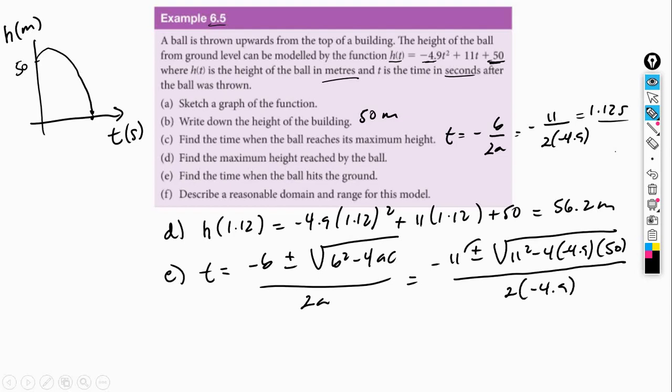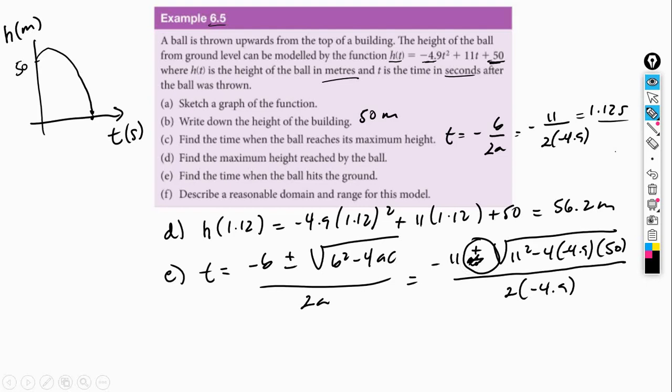Now, why plus or minus? Because normally these have two solutions. In this case, we're going to keep only the positive solution, because this is a problem of time, and time is not counted in negative terms. So let's forget about the minus and focus only on the plus solution.